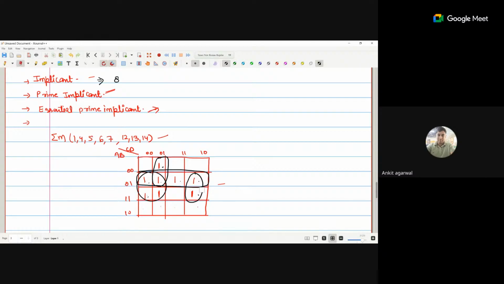You can create a group of 4. There are 3 groups of 4 and one group of 2.